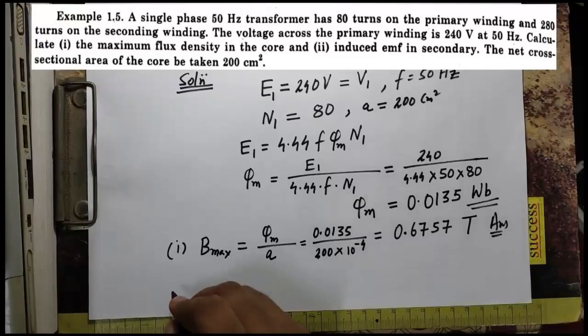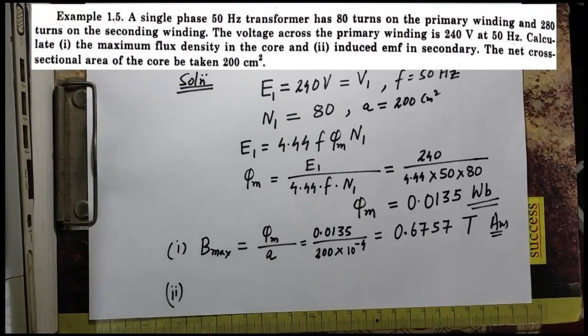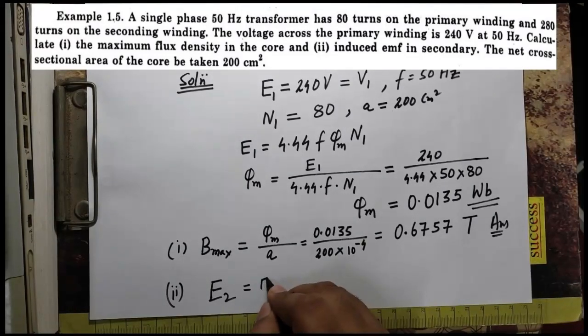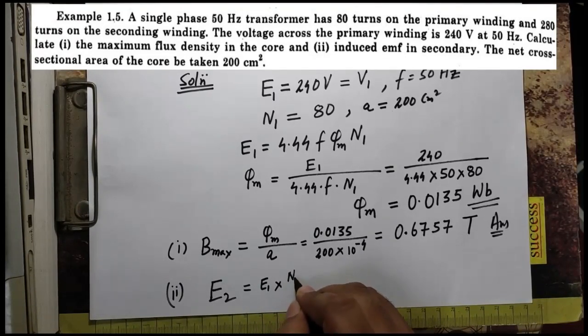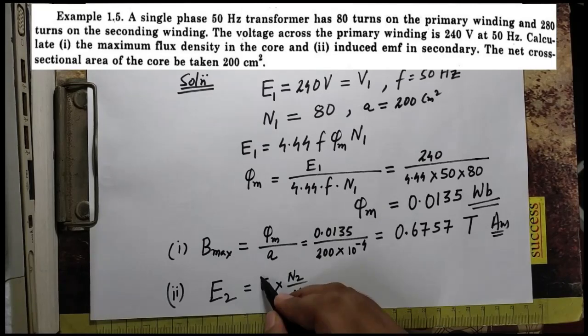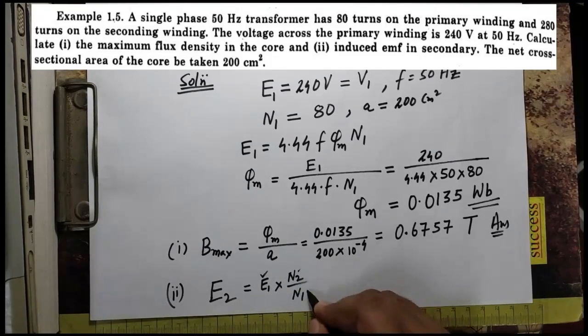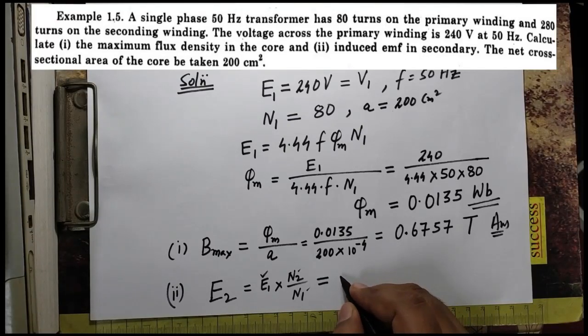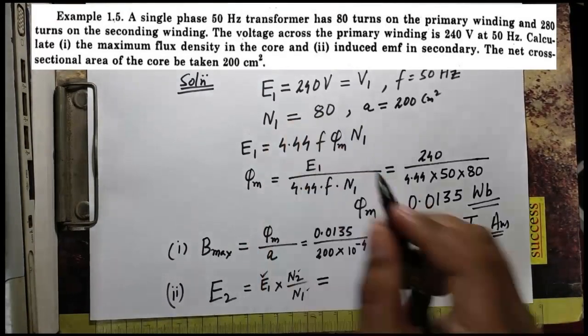Now the second thing is you need to find the secondary induced EMF, E2. How can you find E2? You know the formula, right? E2 by E1 is equal to N2 by N1. So from that we can write that E2 is equal to E1 into N2 by N1. We know the E1 value, and N2, N1 are also known. E1 is 240 volt.